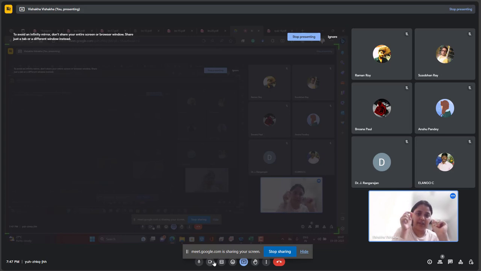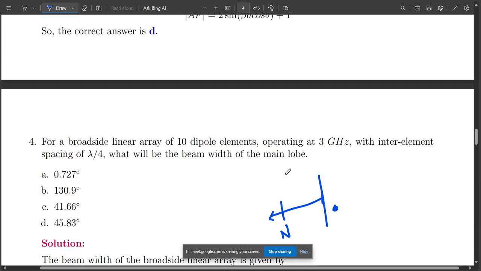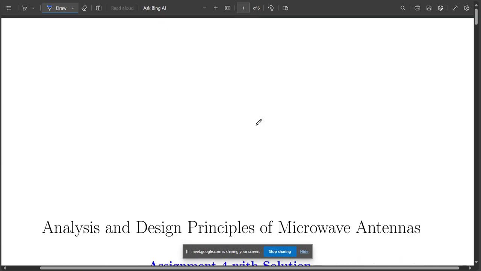So if we have n elements, and all of them have a distance between them, let's say, I will show you, we have 4 elements kept in an array, and it has a spacing of d.